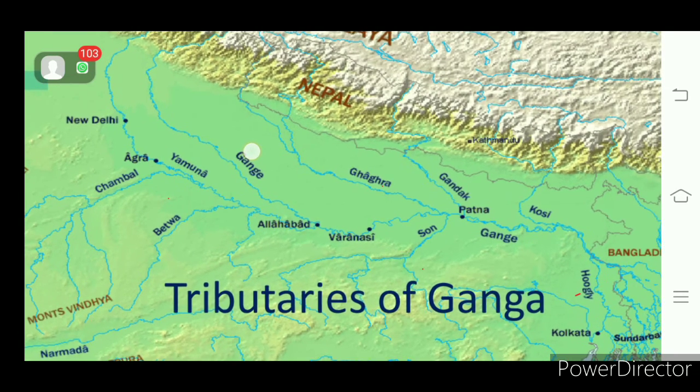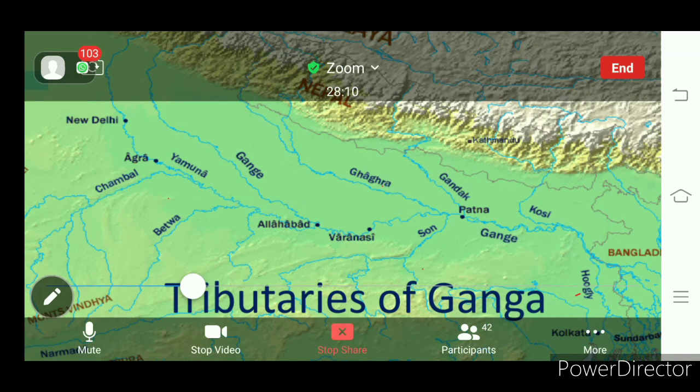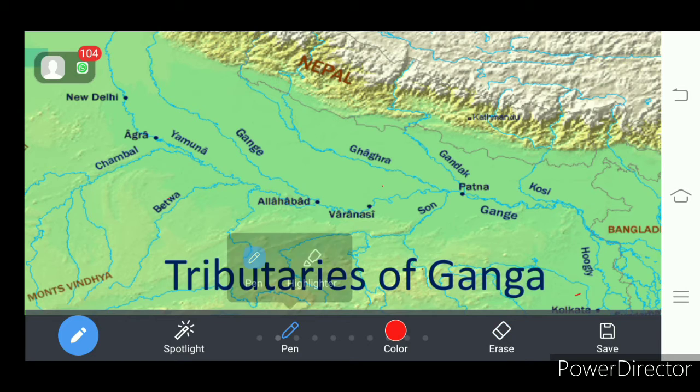This is river Ganga flowing in this direction. Let me show you that. See, in this way the river Ganga flows, and enters Bangladesh. Okay, and from Tibet it is river Brahmaputra, where it is called Zangbo.